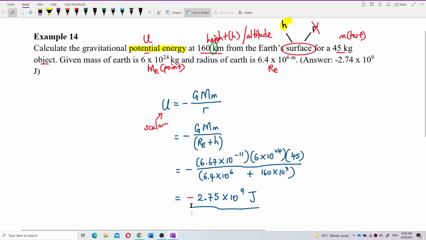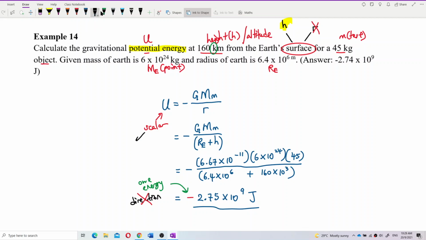Remember, this negative is not about direction. This negative means you owe energy. Some people say, oh, negative sign means direction. No, it's not about direction, because a scalar quantity has no direction.